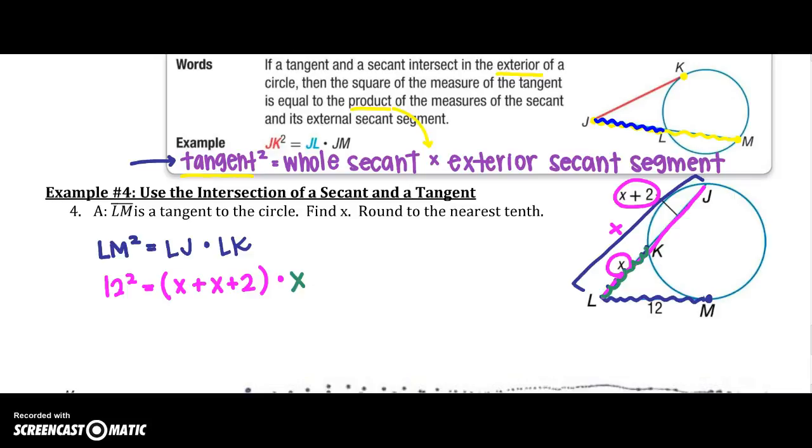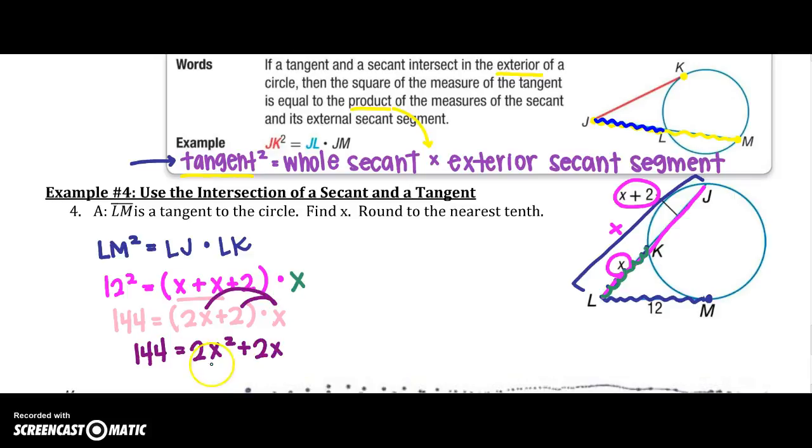So continuing to solve, I'm going to say 144 equals 2x plus 2 times x. So I just combine those like terms. And now I need to distribute inside. So 144 equals 2x squared plus 2x.